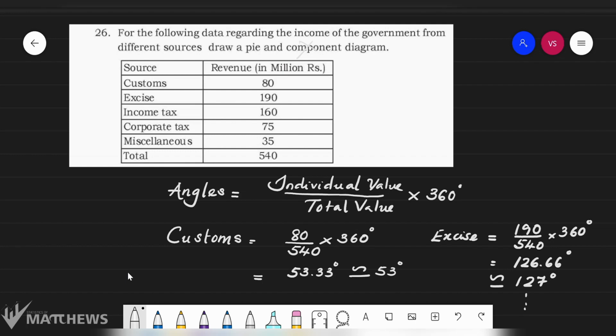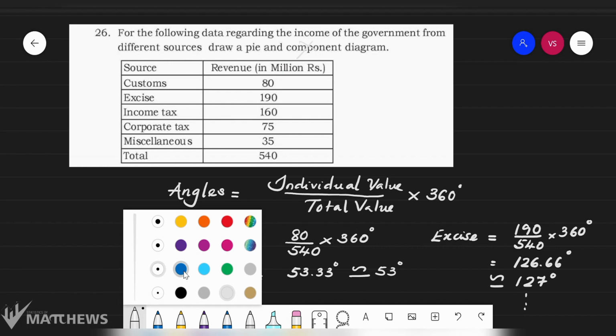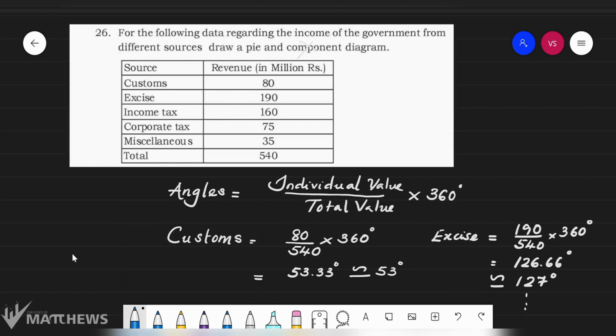So I will write all that whatever we have done the calculations here, so that it will be easy for you to understand. For customs, I'll write it here as heading as angles. For customs, we got it as 53 degree. And then for exercise, I got it as 127 degrees.